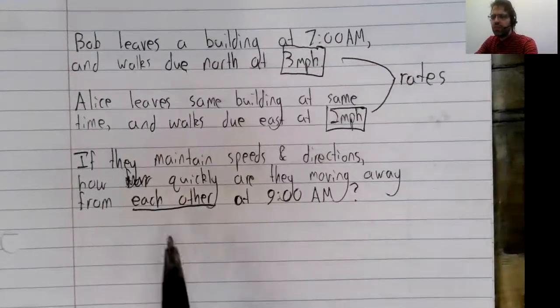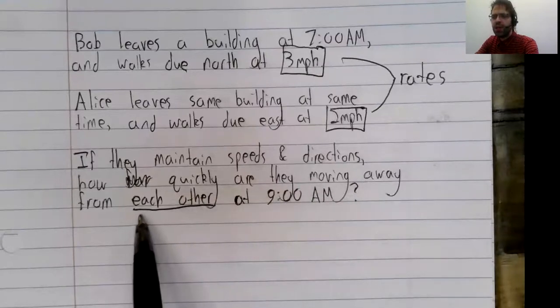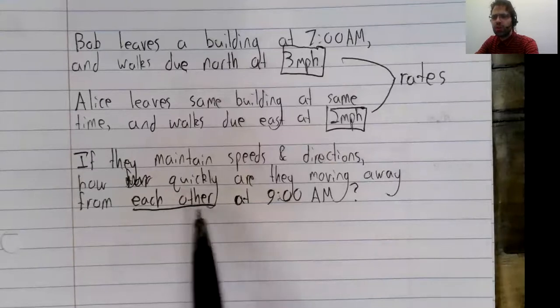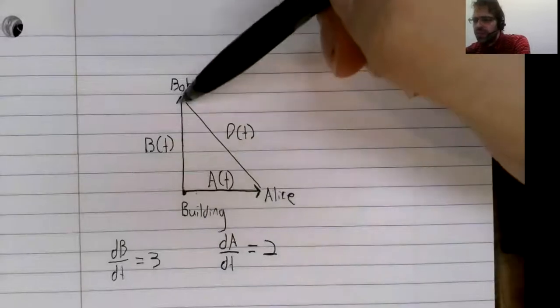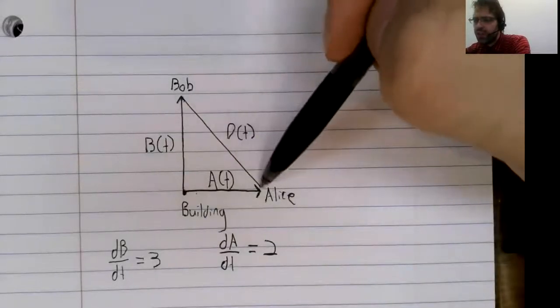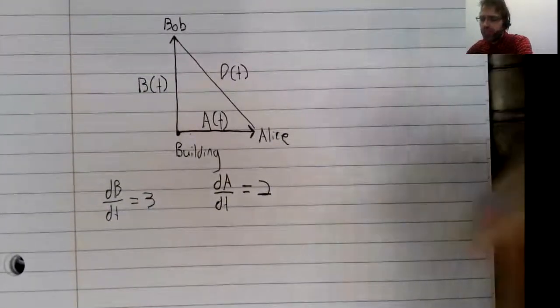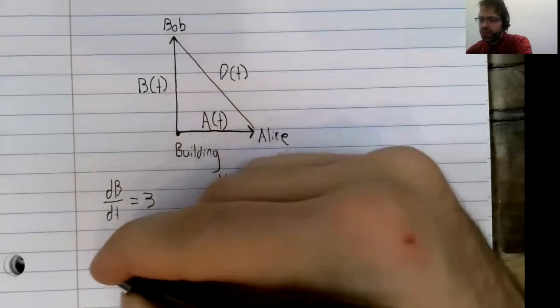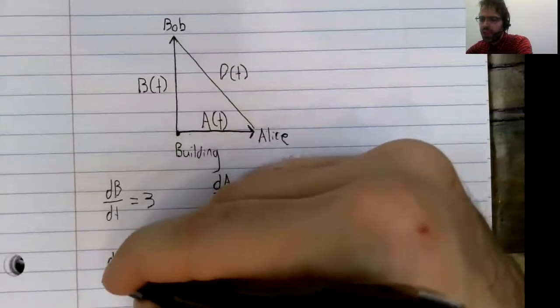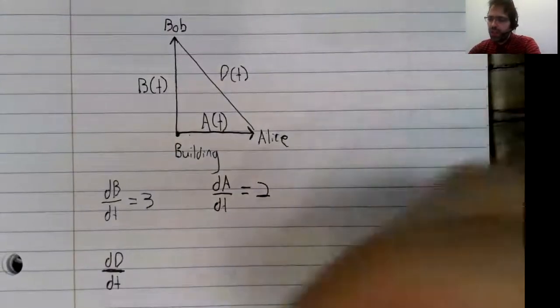We want to find how quickly they're moving away from each other at 9 a.m. Their distance from each other is d of t. The question of how quickly their distance from each other changes is a question about derivatives.